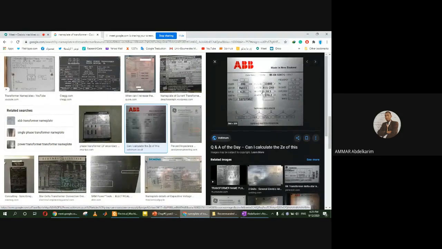We can see here, for example, HV amps, which means the current in the high voltage side is 10.5, and LV amps, the current in the low voltage side is 278.2 amps. So these are the rated values of the current. So when the currents are at this value, we can say that the transformer is operating on full load.